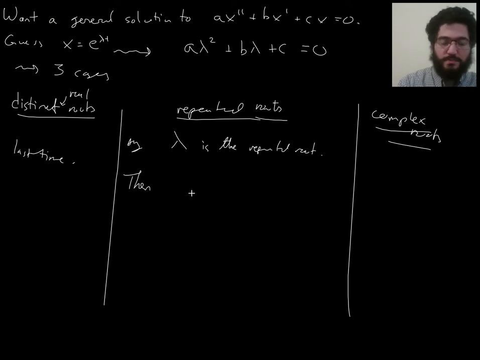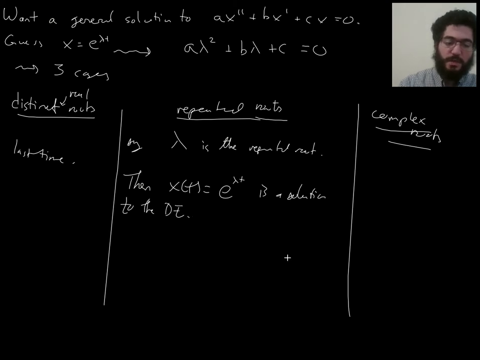Well, since lambda is a root, definitely x of t equals e to the lambda t is a solution to the differential equation. But let's call this x sub 1.